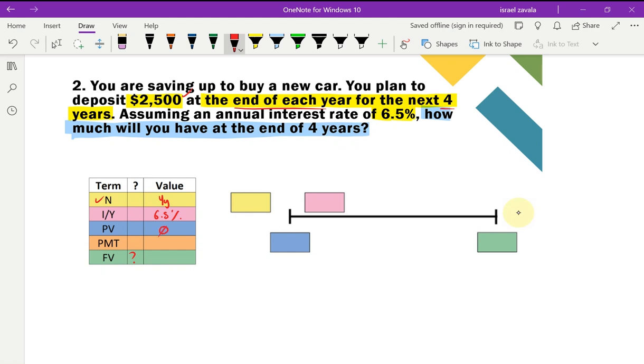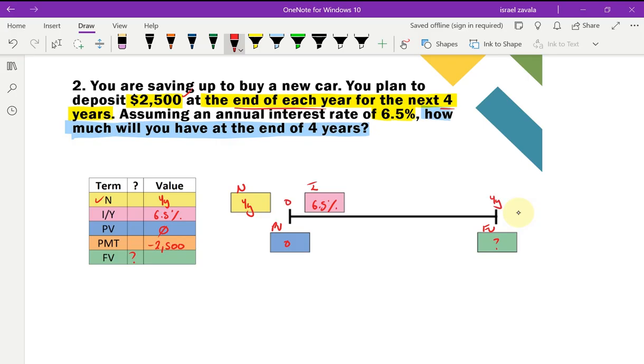And then the payment is a negative 2,500. So let's keep going with our timeline here. 4 years, interest is 6.5%, present value is 0, future value is what we are looking for, and this is time 0, and this is year 4.